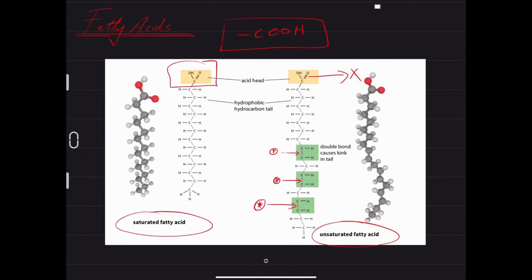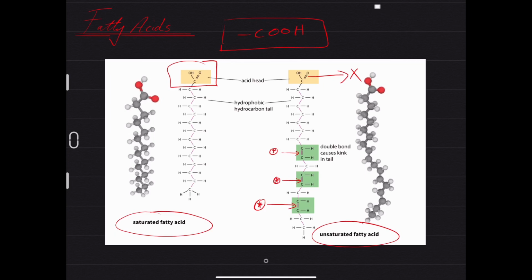So what I want you to do is take the diagrams down for just a simple saturated fatty acid and an unsaturated fatty acid. What I will say is you don't have to make your diagram exactly this hydrocarbon chain length. So here you've got approximately 13 carbons on this saturated fatty acid.